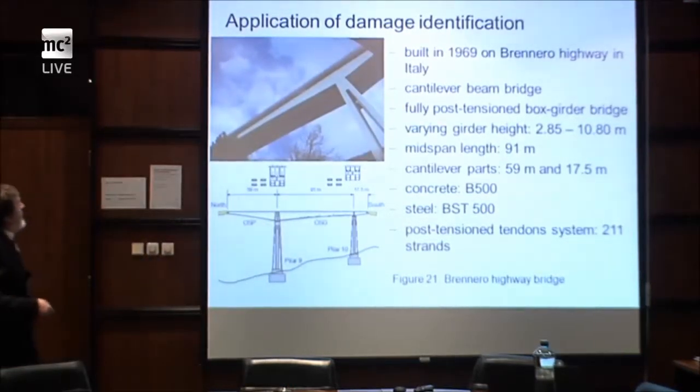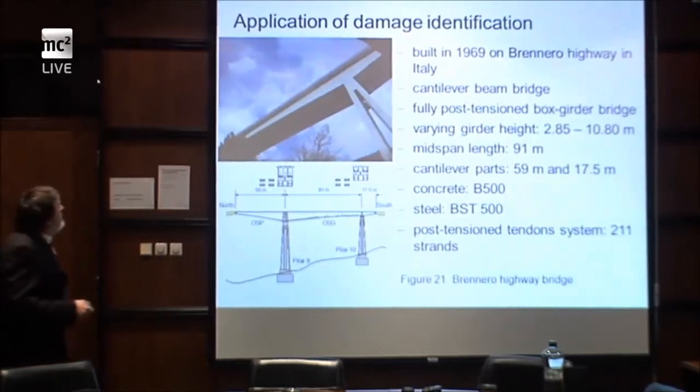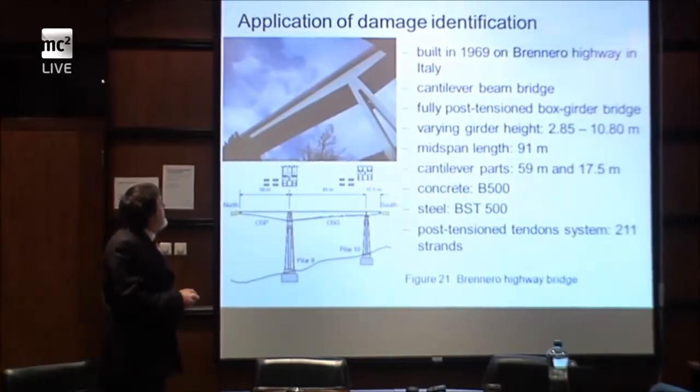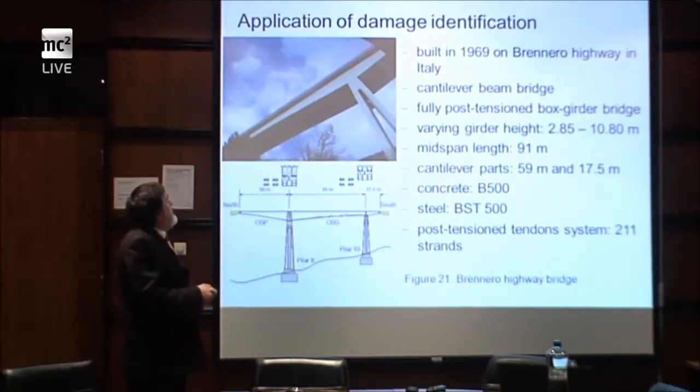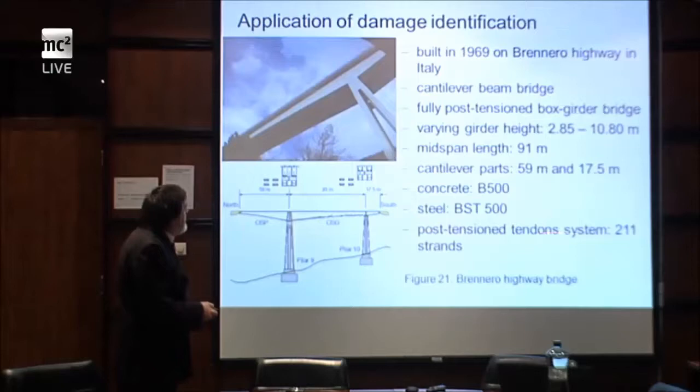We did an application of damage identification on one specific bridge, called the Isarco Bridge on the Brenner Highway, in cooperation with Austrian colleagues. It's a cantilever, fully post-tensioned box girder. These are the parameters, and there are more than 200 pre-stressing strands.